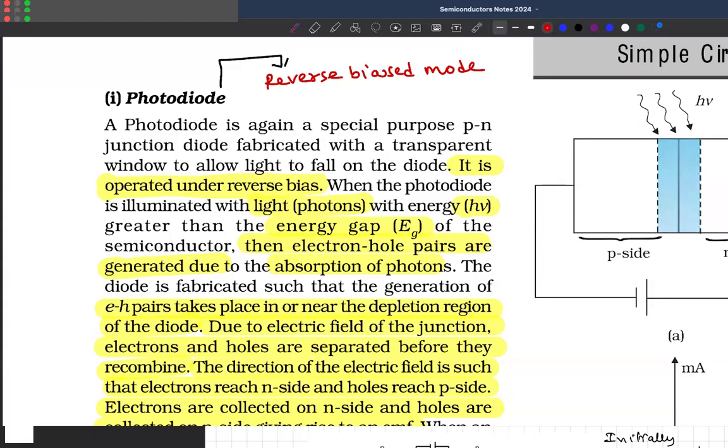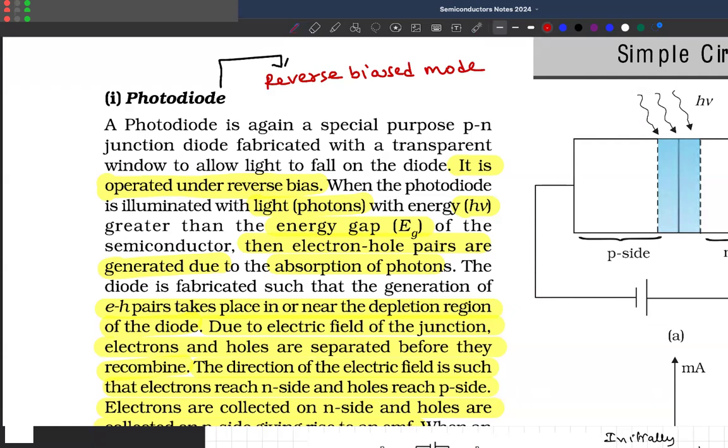They will jump into conduction band, leaving a hole. As I am exposing light to this region, suddenly electron hole pairs will be created. Are you following what I'm saying?